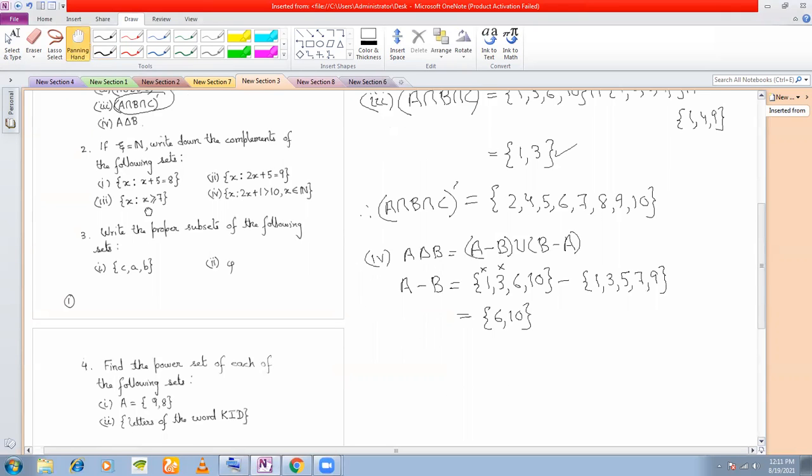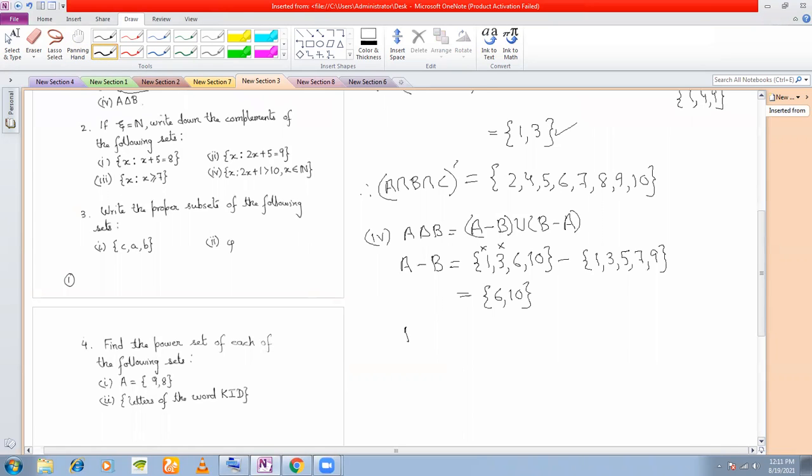Then find out B minus A. 1, 3, 5, 7, 9 minus A here is 1, 3, 6, 10. Okay, so here you can exclude 1 because it is there in A also. You can exclude 3. Okay, and no other. That means B minus A is 5, 7, 9. So therefore, what is A delta B?